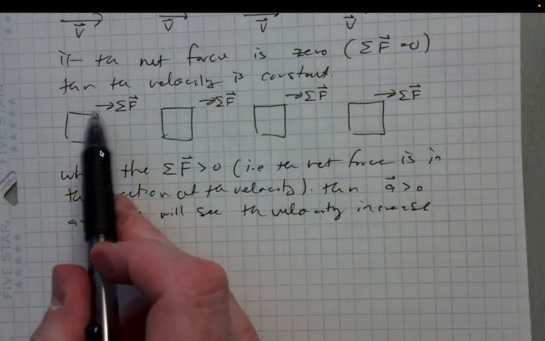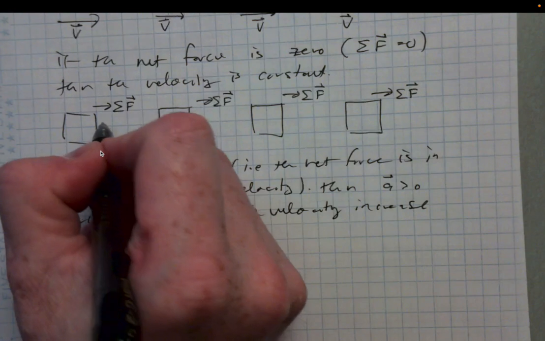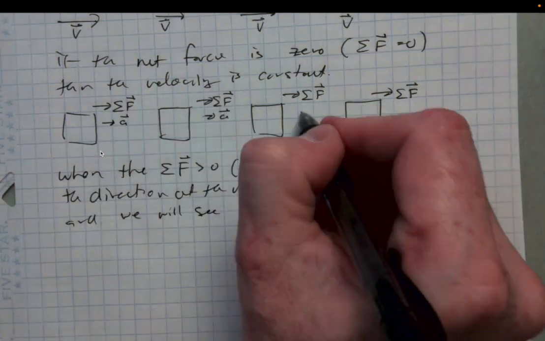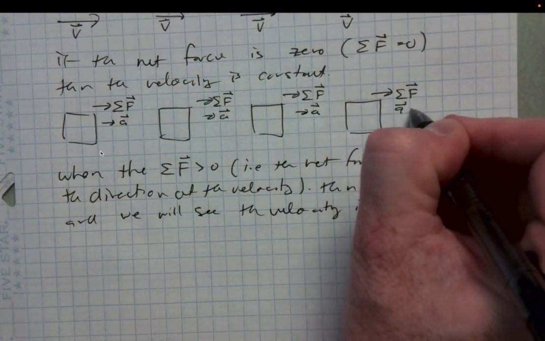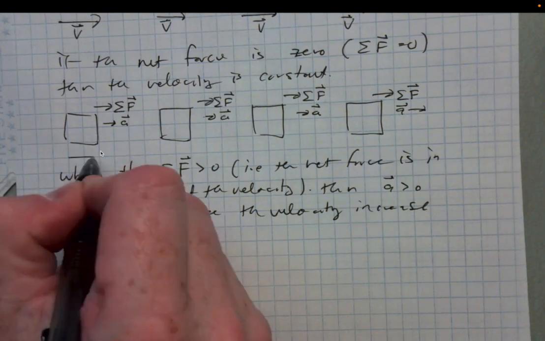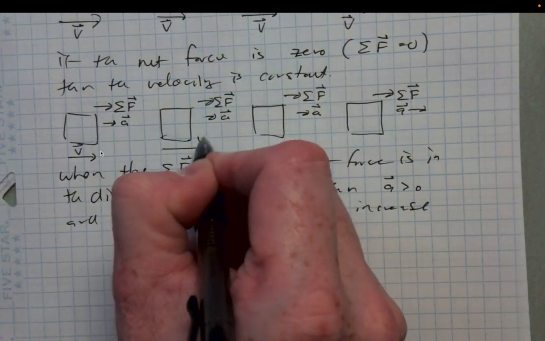Right, so I've got this object, I'm applying a constant force, we'll say, to the right. And so that's going to result in some acceleration, a non-zero acceleration vector in the same direction as the force. And what that'll translate into is an increase in velocity. That's an acceleration.